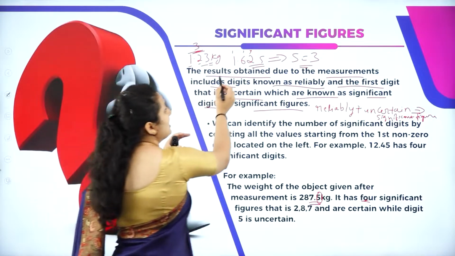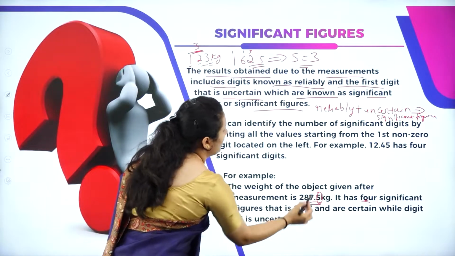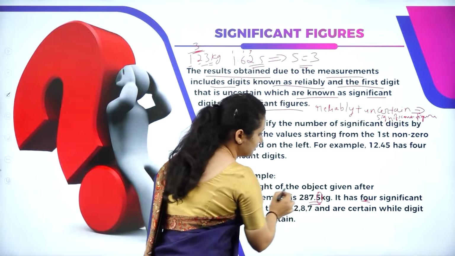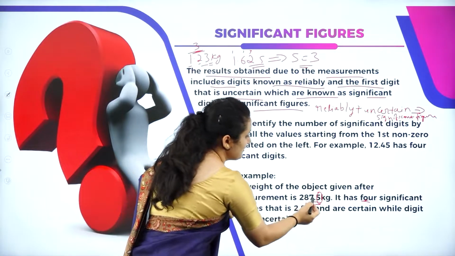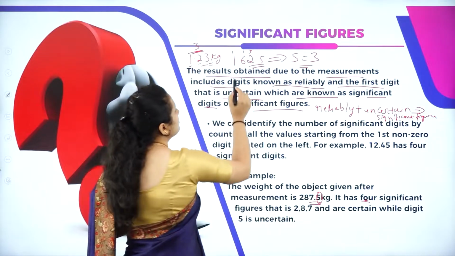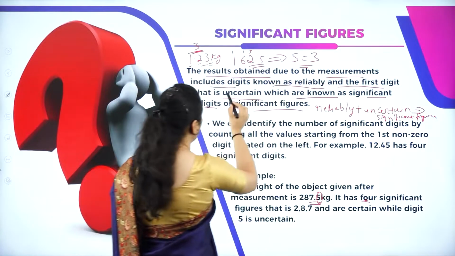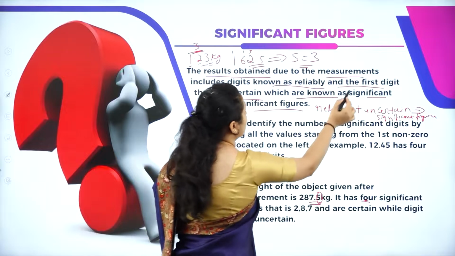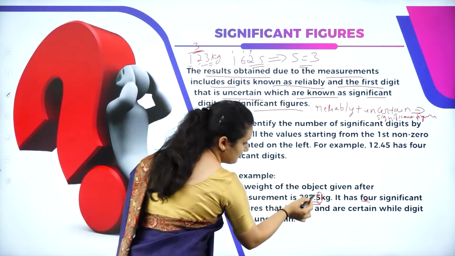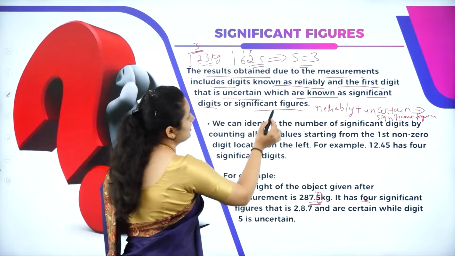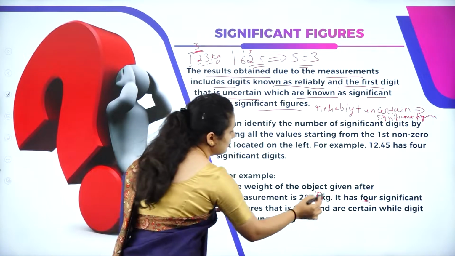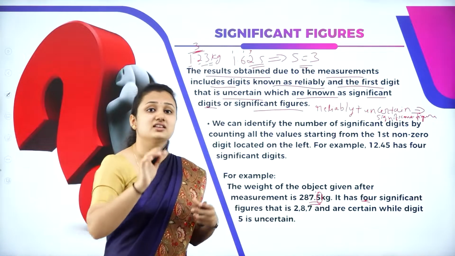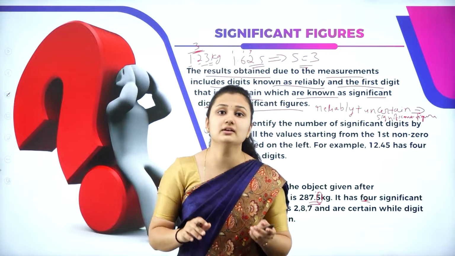The weight of the object is a measurement, and 287.5 kg is my result. The result obtained due to the measurement includes digits known reliably and the first digit that is uncertain. The 5 is uncertain here. Overall, these are known as significant digits or significant figures.